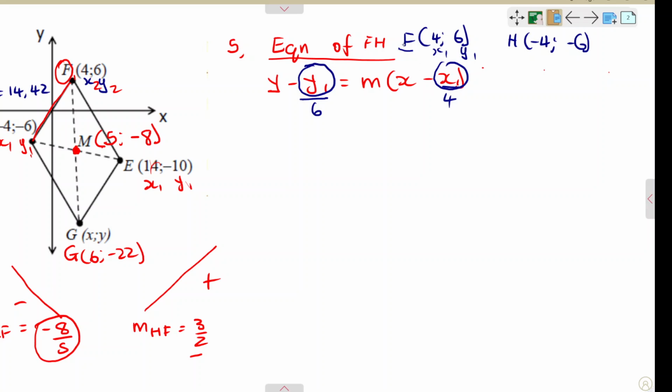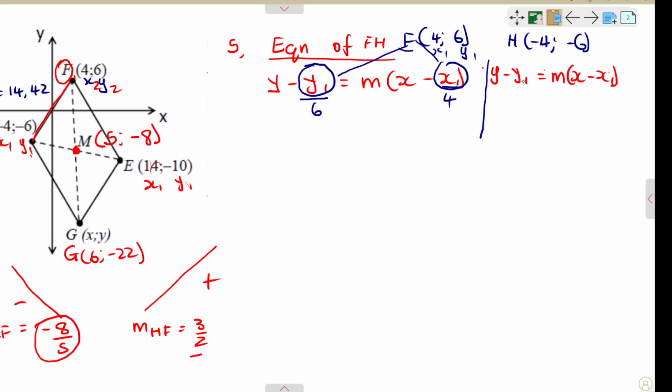So you can take F if you want, then put there the y value of F and the x value of F. Or if you decide to take the H values, the answer will be the same. You can say y minus y1 is equal to m x minus x1.